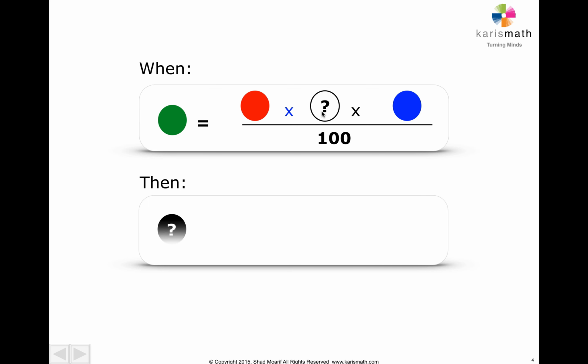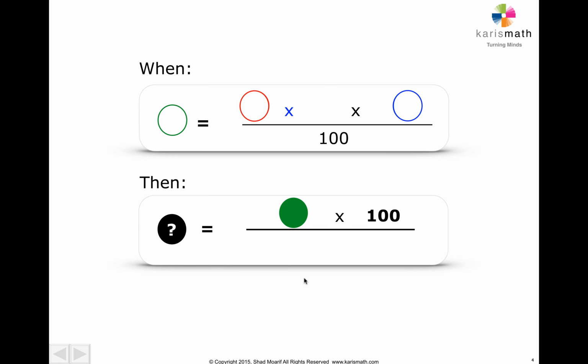So we took this black out here, and then we made a line, and on top of the line we did the green times 100 over blue times red or red times blue. There you go. Isn't that how we did it?